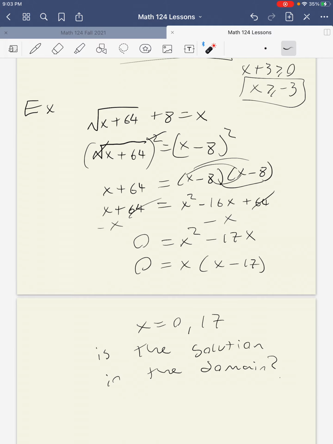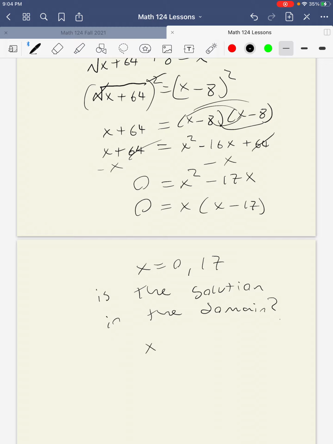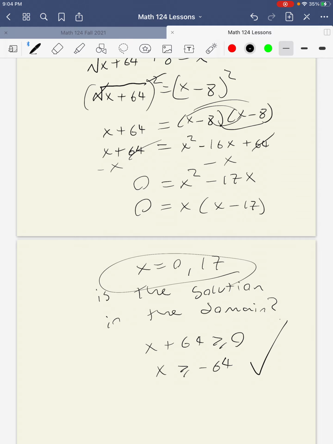Well, let's think about the domain. We had a square root originally, so therefore we have the restriction that x plus 64 must be greater than or equal to 0. X must be greater than or equal to negative 64. And yeah, both of these numbers are greater than negative 64, so we are okay here.